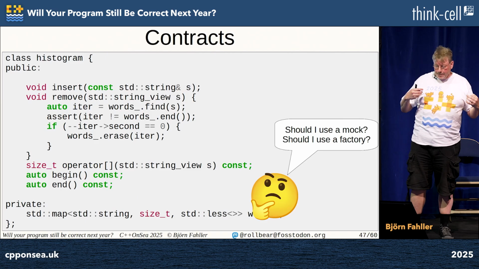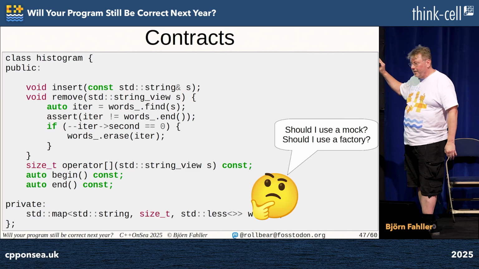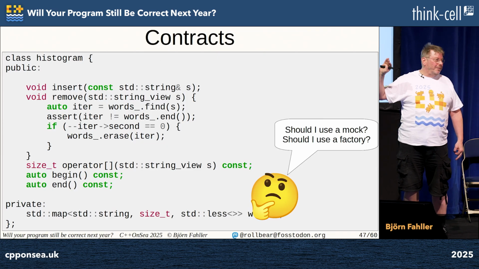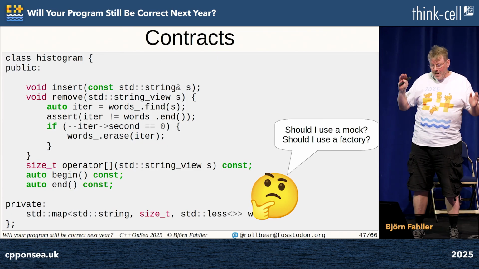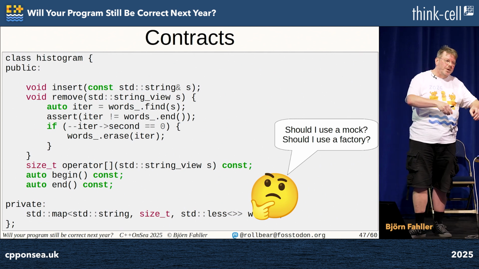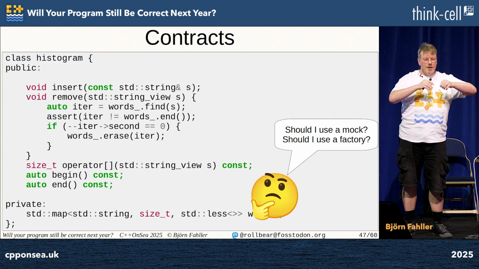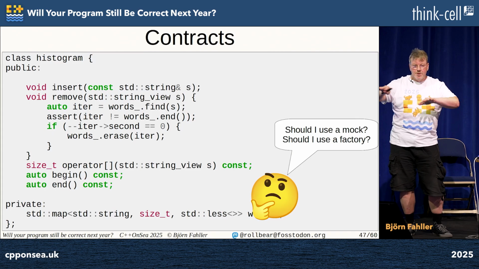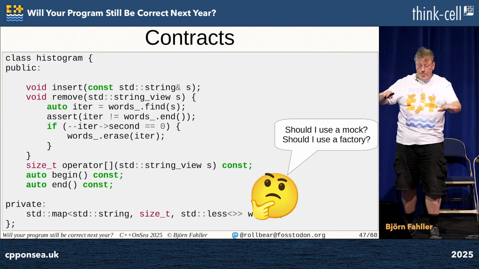Now, I am the author of a mocking framework, so maybe I'm not totally neutral on this topic, but I think there is definitely a place for mocks, and that is when you have software whose purpose is to collect information and distribute it to several receivers, and especially if the order of these is important.